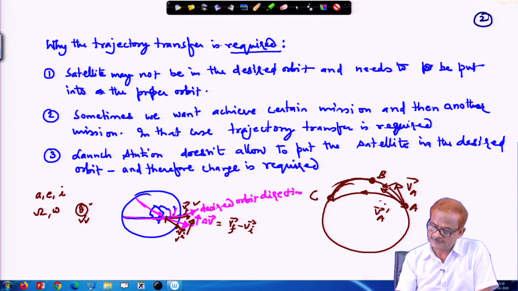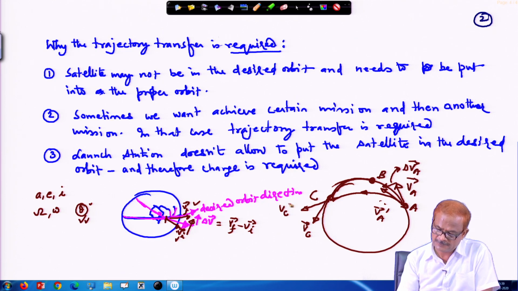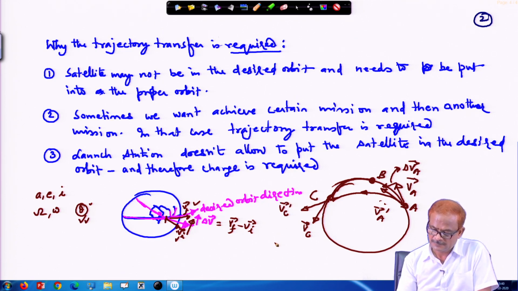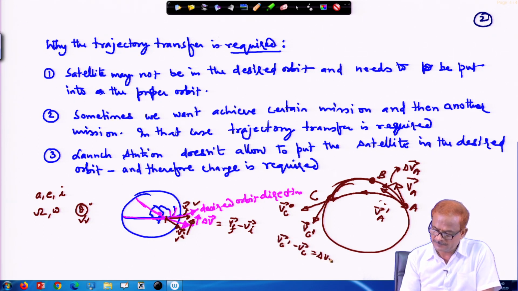So this is the necessary impulse, delta V_A, and similarly here the velocity vector at C is V_C, and this is going in this direction, V_C prime. Or we can say that V_C is the velocity here, so V_C prime is the change. So V_C prime minus V_C, this is delta V_C, the impulse required at this place. Okay.